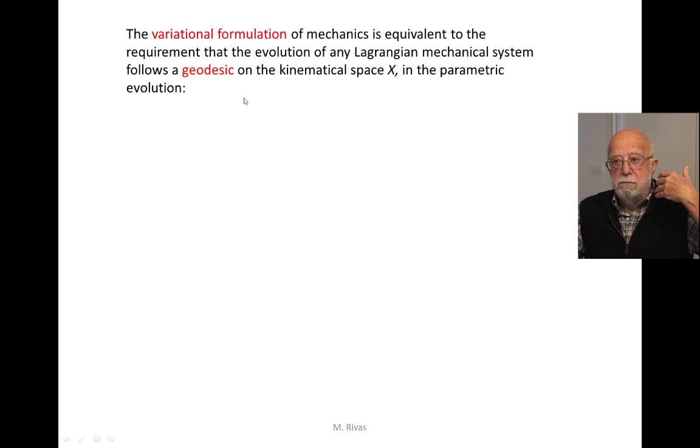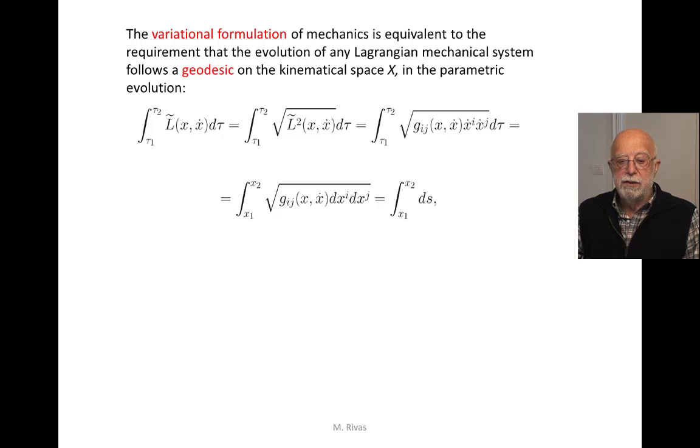And then we are going to see that the variational formulation of mechanics is equivalent to the requirement that the evolution of any Lagrangian system in the kinematical space is a geodesic evolution, where the metric of this kinematical space is constructed from the L0. You see, written the action integral in this form, we can write this, perhaps with a plus or minus sign, as the integral of L square, which represents this, introducing dt inside.